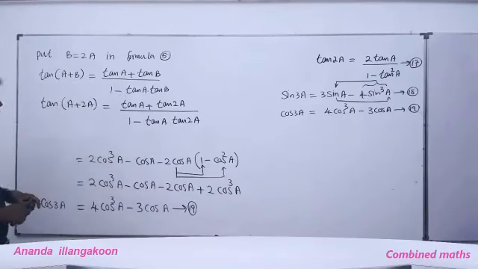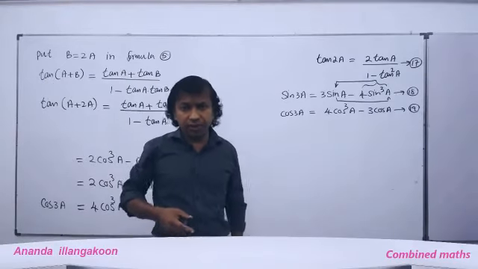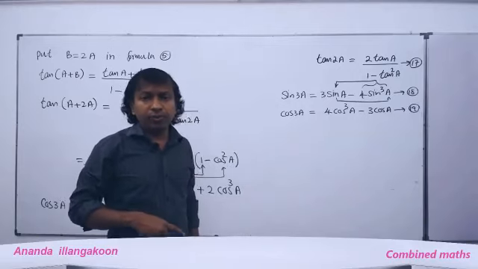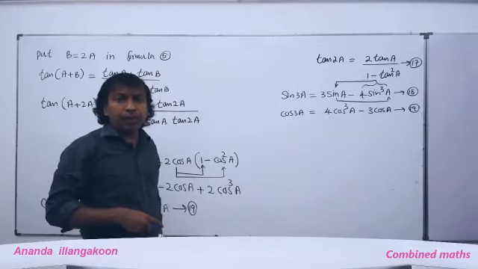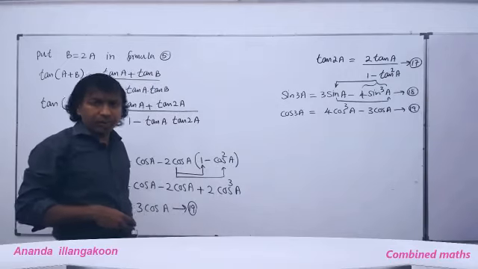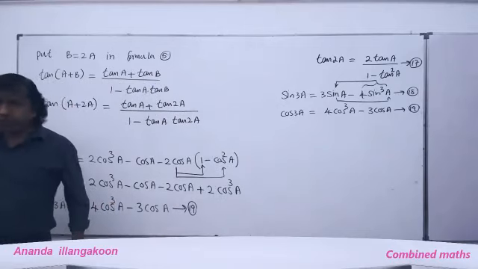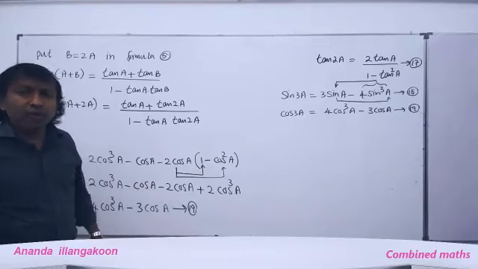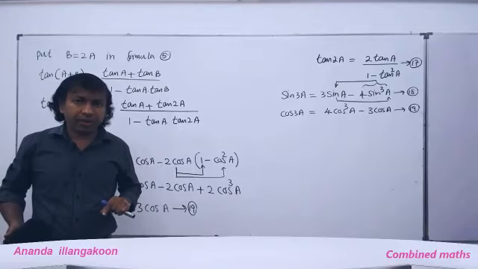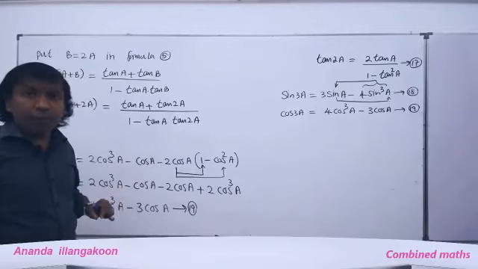People, to obtain this tan 3A formula, I can remember a recent past examination question we had. That question was, starting from the tan(A+B) formula, obtain the formula for tan 3A. Understand? I think it was in 2017 or 16. The question to obtain the formula for tan 3A was part of a question in the examination, right? So don't neglect these things, right? These things are very important.